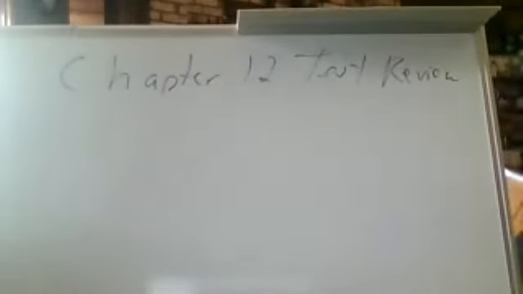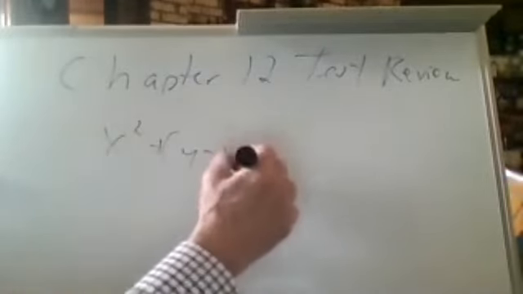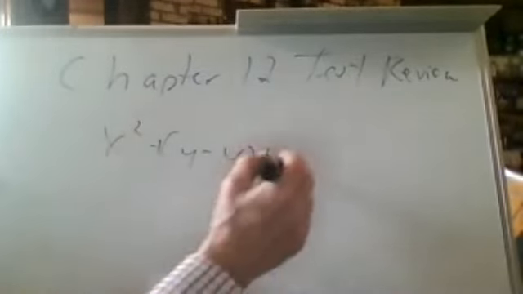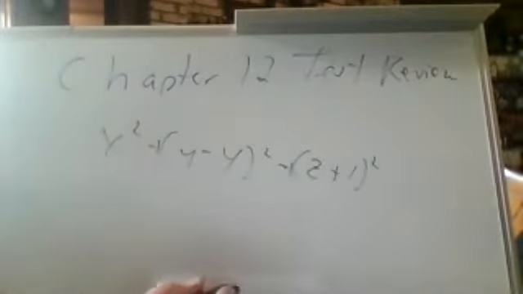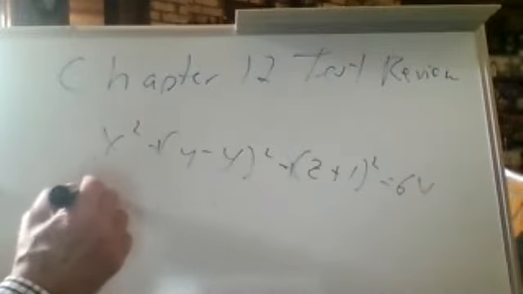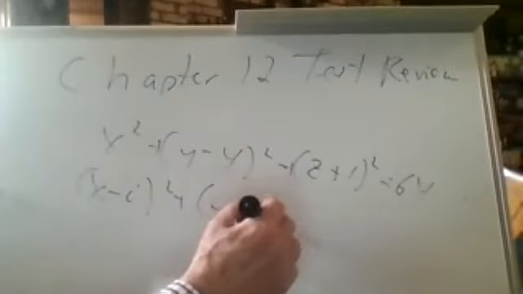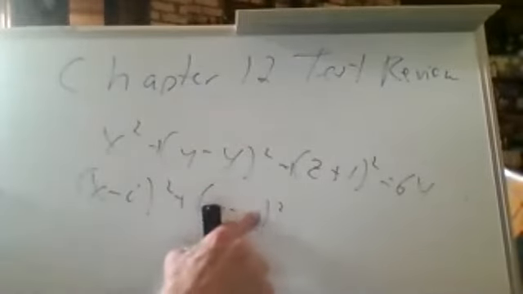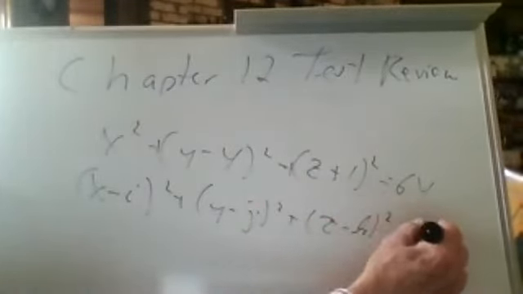Now look at the equation, okay? So I'm going to give you the equation of a sphere, and ask you to find the center and the radius. Well, it's x minus i squared plus y minus j squared plus z minus k squared equals r squared, right?